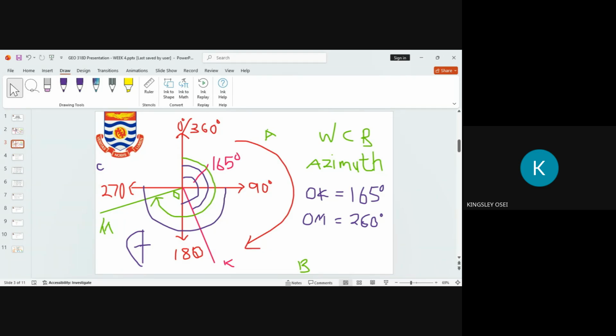Some questions will give you information in the reduced bearing notation and ask you to find the corresponding whole circle bearing. Some questions will put the information in the whole circle bearing, and you are supposed to determine the corresponding reduced or quadrantal bearing.